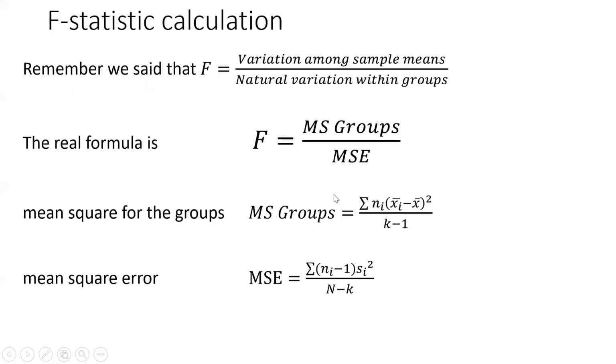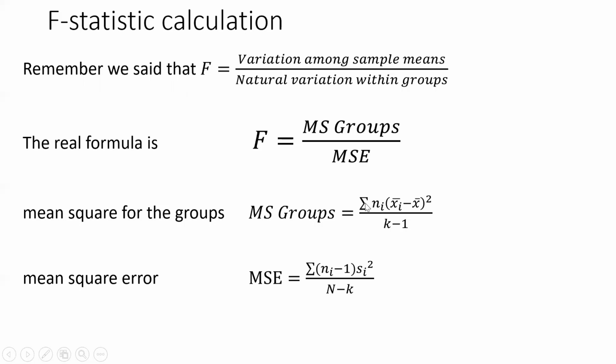Okay, so we're going to take those definitions and apply them to this F statistic calculation. Remember, F is the variation among sample means, how different the means are from each other, divided by the natural variation within the groups, so some measure of standard deviation of the groups. So that is actually equal to the mean square for the groups divided by the mean square error.